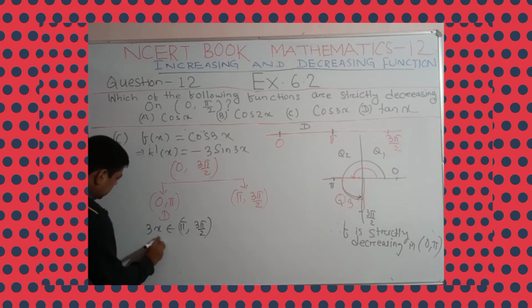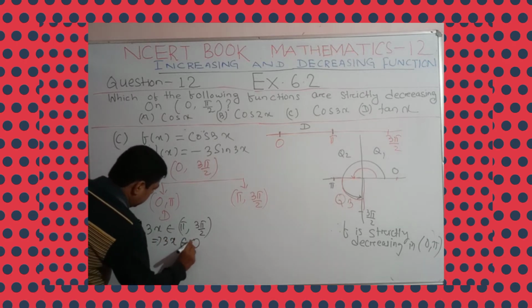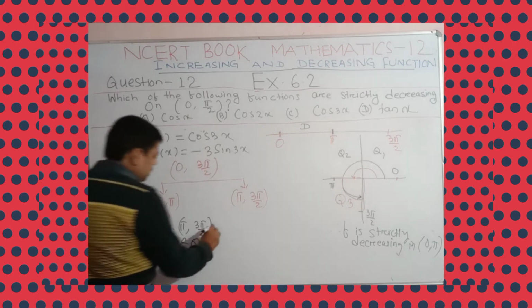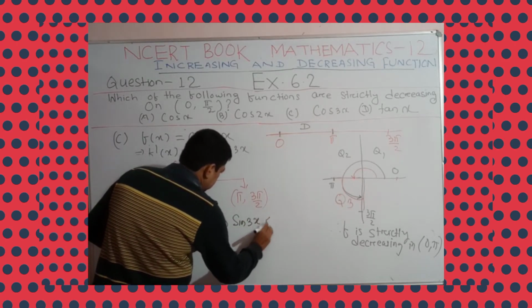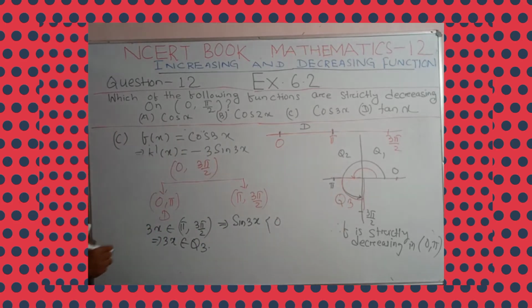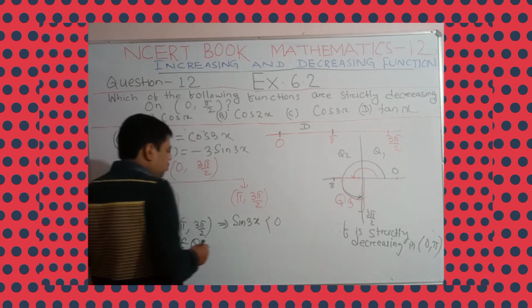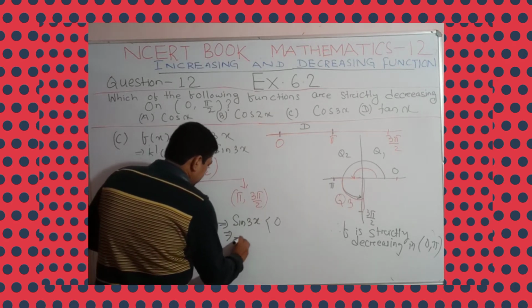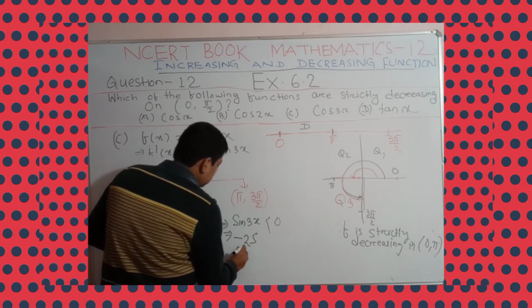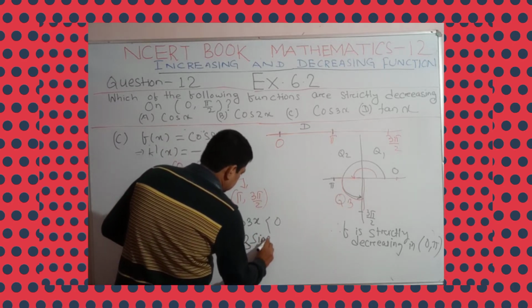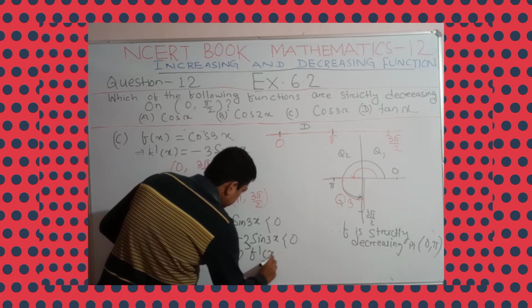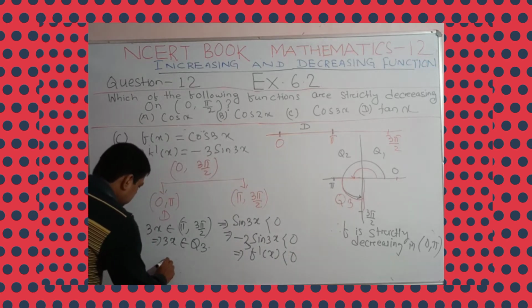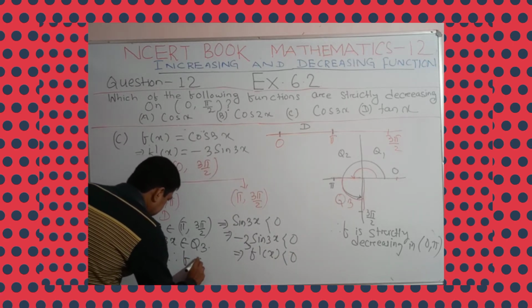That implies 3x lies in which quadrant? Third quadrant. In the third quadrant, sin 3x is less than 0, negative. That implies minus 3 sin 3x is less than 0. That implies f dash x is less than 0. Thus, it is clear that f is a decreasing function.